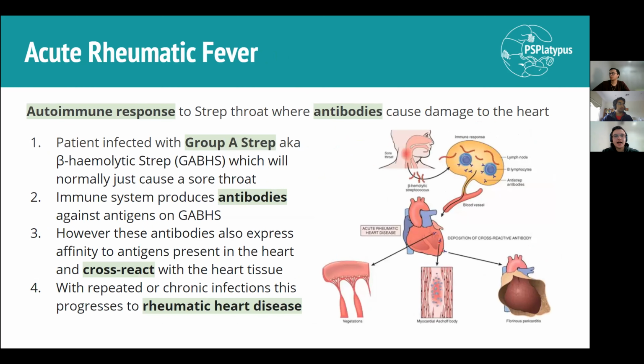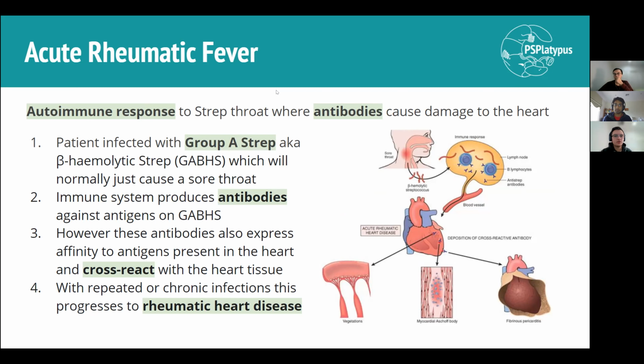And then finally, the last high yield one to remember is acute rheumatic fever. So this is an autoimmune response. And how it starts is you've got just a run-of-the-mill infection with strep throat, or more specifically, it's caused by beta hemolytic group A strep, so GABS or GABHS. And that will normally just cause you to have a sore throat. However, unfortunately, in some patients who are predisposed genetically or by the environment, your immune system does produce antibodies which are effective against the antigens on the GABHS pathogen.